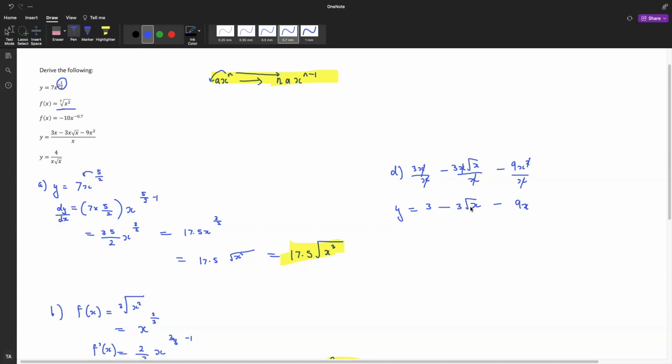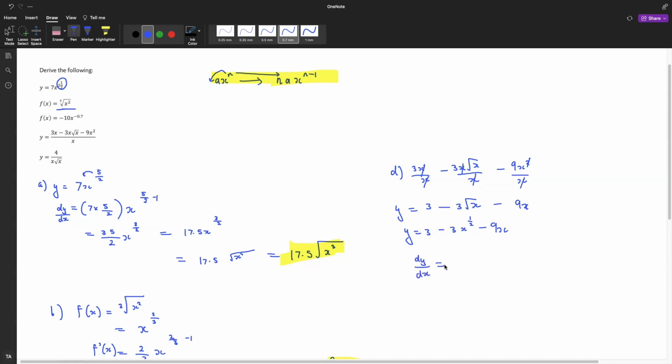One more thing I'll do is change this square root into fractional indices so that we can differentiate it straight away. So we've got y is equal to 3 minus 3x to the power of half minus 9x. Okay, now we're able to differentiate this. So write dy over dx.